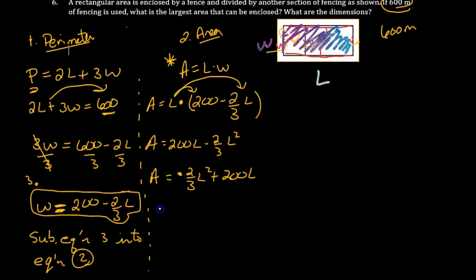Your A, B, and C values: your A value is negative 2/3, the number in front of the squared. Your B value is the number in front of your variable with an exponent of 1. And C, it's not there, so it's 0.